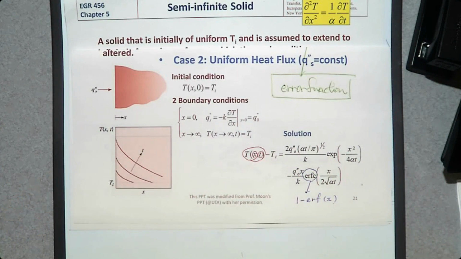So you can go to a complementary error function table, or you can use the error function table and this equation to determine the output of the complementary error function. We have a practice problem at the end, so we are going to solve the problem together, so you can get to know how to use these equations. Okay.